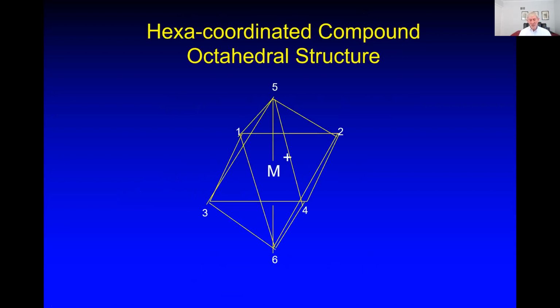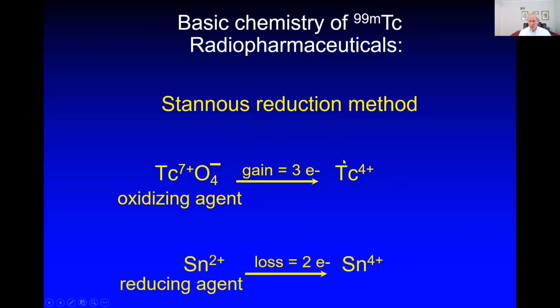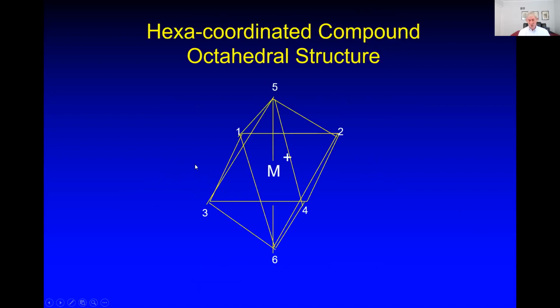Now, all of these compounds, when this technetium here binds to MDP or DTPA, they form a structure that looks like this. I'm not a very skilled artist, but hopefully that looks like a solid octahedron. It's got 8 sides to it. The metal is trapped in a cage-like structure in the middle, and there are 6 binding sites. These 4 here, 1, 2, 3, 4, are in the plane.